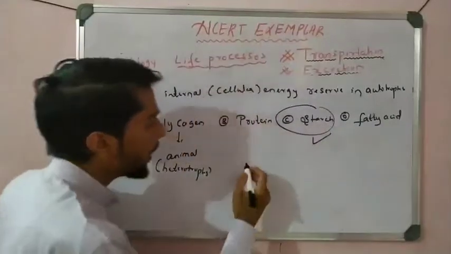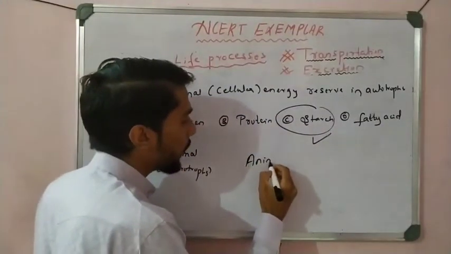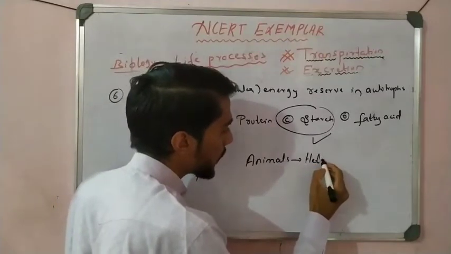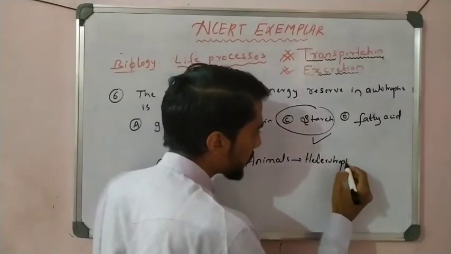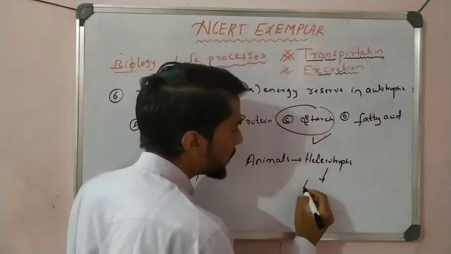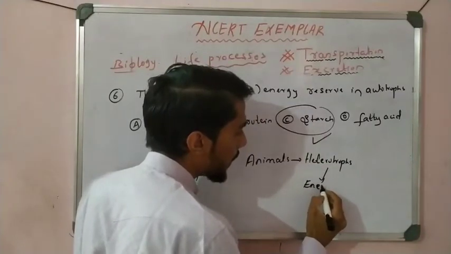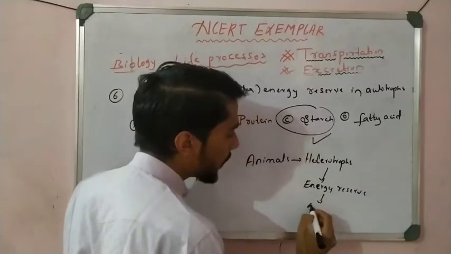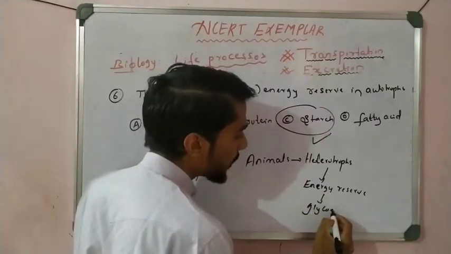Simple, this is for animals, or also we say heterotrophs, right? The energy reserve or store is in the form of glycogen.